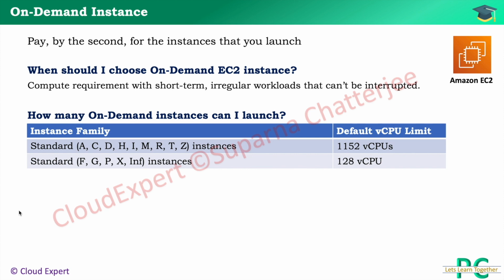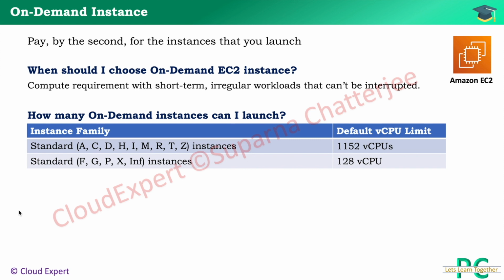Now, for standard instance classes starting with A, C, D, H, I, M, R, T or Z, the default vCPU limit is 1152 vCPUs. If you are selecting F, G, P, X type of instances, in that case your default limit will be 128 vCPUs.